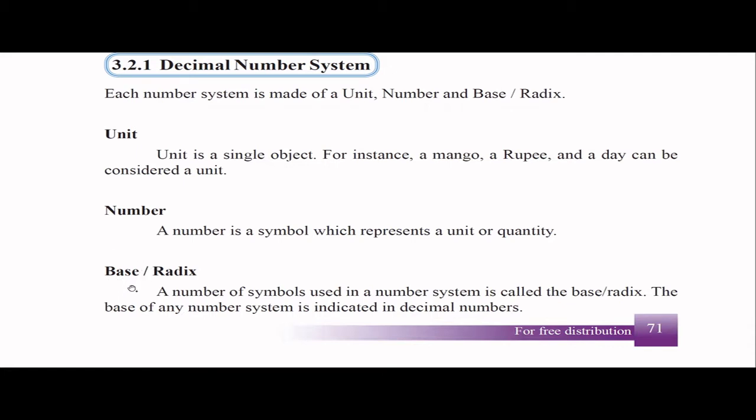From the base, you can find out which number system is being used in the representation. The base is the number of symbols used in your number system. Understood? Usually, we represent the base in decimal numbers. In any of these number systems, even the binary number system, we represent the base with a decimal number.